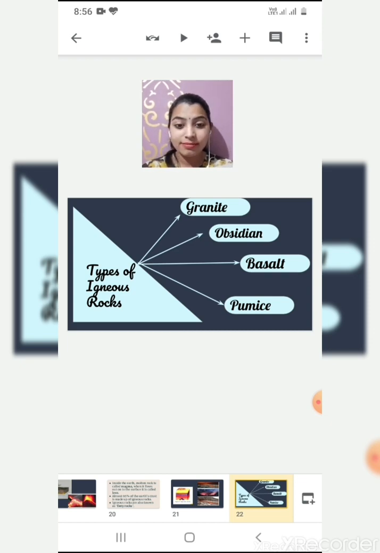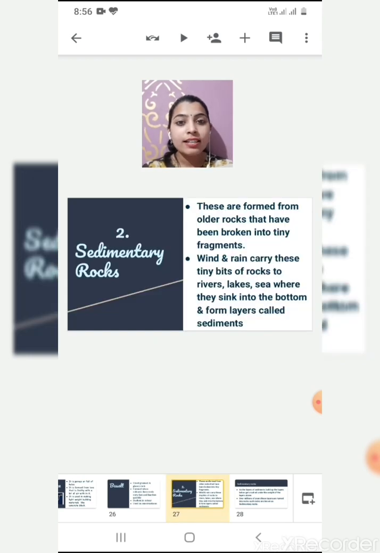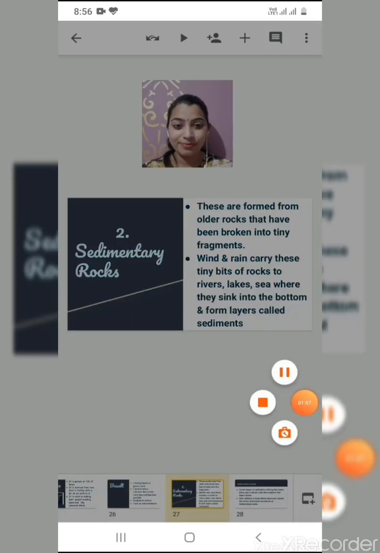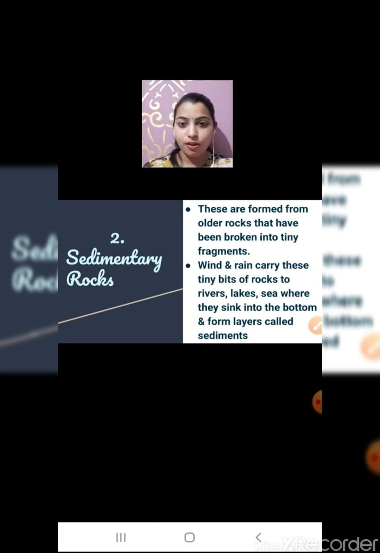Alright, children? Now, it's time for our second type of rock, that is sedimentary rock. Before starting, just tell me, is everybody having a notebook and pen with them?